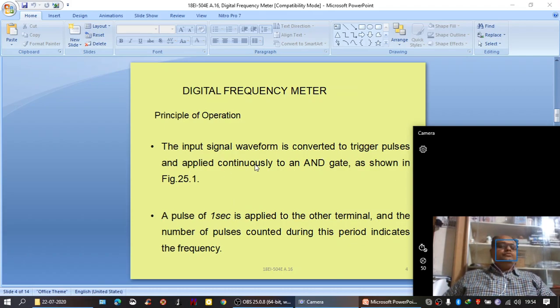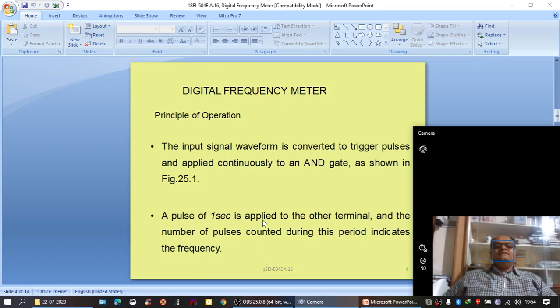So the input signal is converted into a train of pulses using a Schmitt trigger, and using a differentiator it is converted into spikes, and then that signal, that is the signal in the form of spikes, is given as input signal to the gate. And the second input to the gate is the gating pulse.